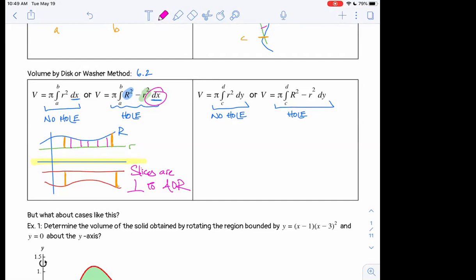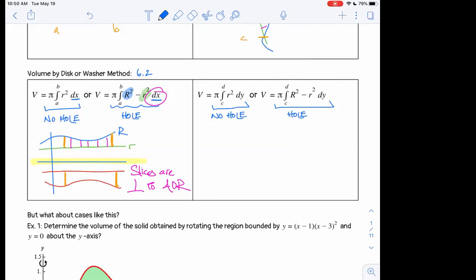If you're revolving around the x-axis and you want to use washer method, it will be dx. Similarly, if I want to revolve around the y-axis and I want to use washer method, then I'm going to have to use dy.